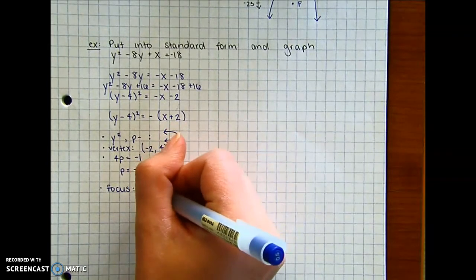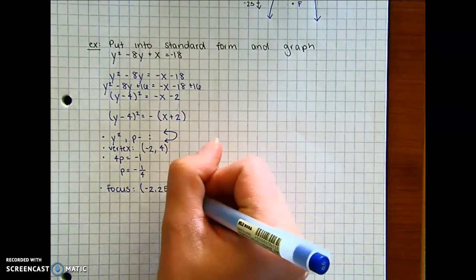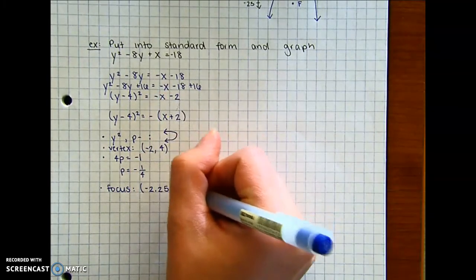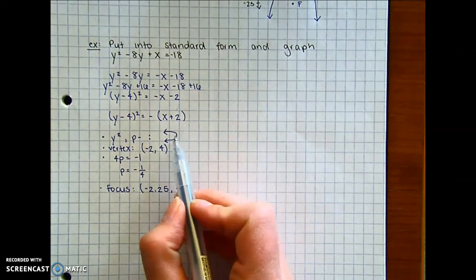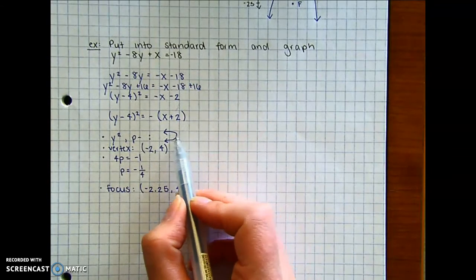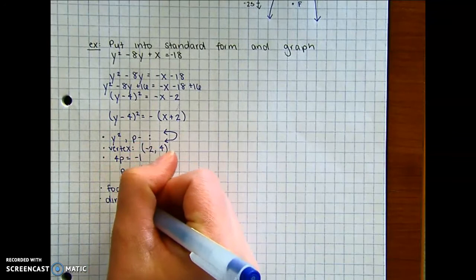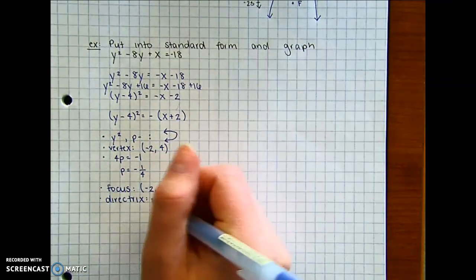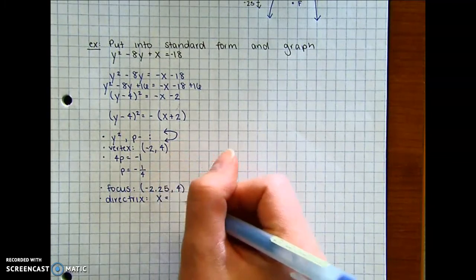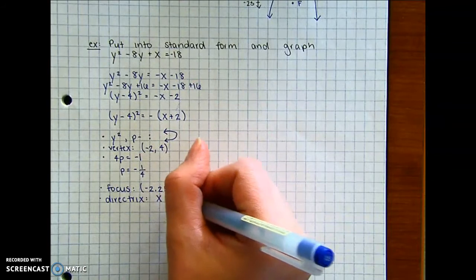I'm going to write it as a decimal, negative 2.25, comma, and the y value will stay the same because the focus is just inside, so y value doesn't change. For directrix, same idea, except now we're going to go to the right. And because we're y squared, it's going to be a vertical line, so it's x equals, and then if I go to the right by 1/4, it'll be negative 1.75.